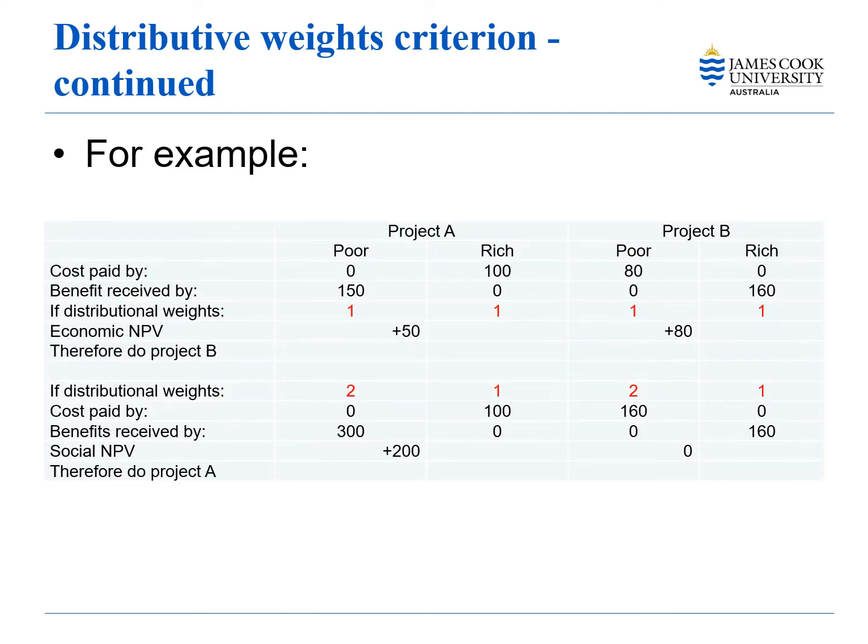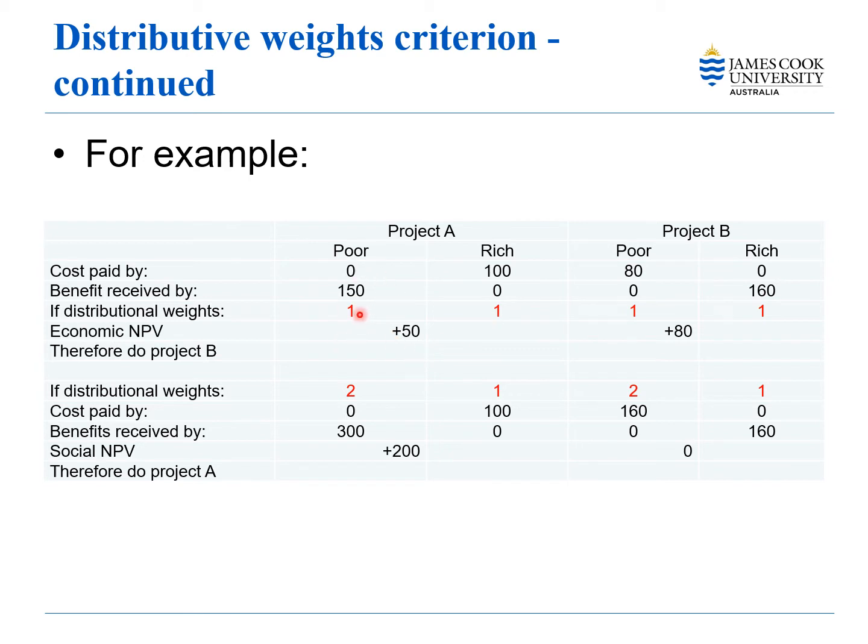Let's quickly look at an example. Suppose we have two projects, A and B. Two persons, poor and rich. For project A, cost paid by the poor is 0, benefit is 150. For the rich, cost paid by the rich is 100, benefit is 0. And let's set the distributional weights to be 1, which means both the poor and the rich are equally important.